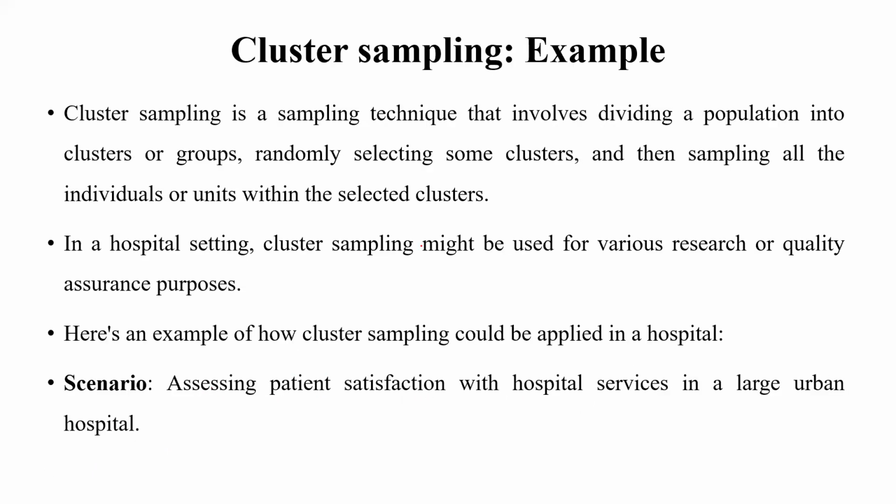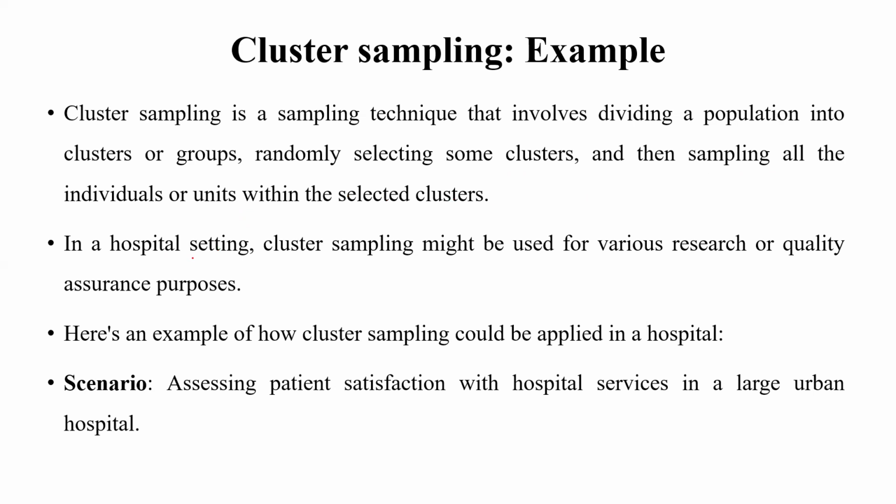So now we need to understand an example of cluster sampling. Cluster sampling is a sampling technique that involves dividing a population into clusters or groups, randomly selecting some clusters, and then sampling all the individuals or units within the selected clusters.